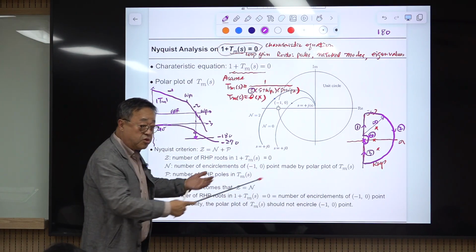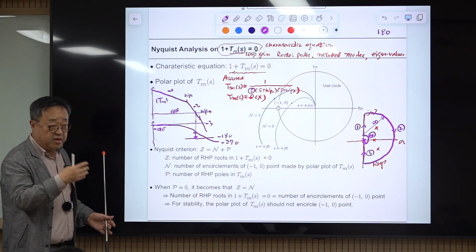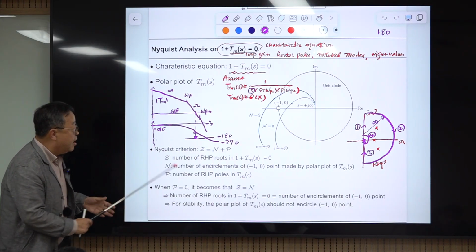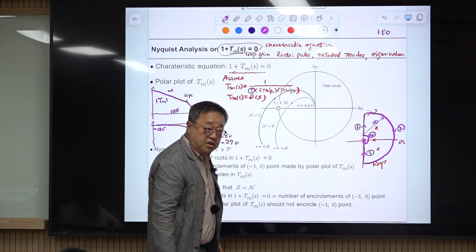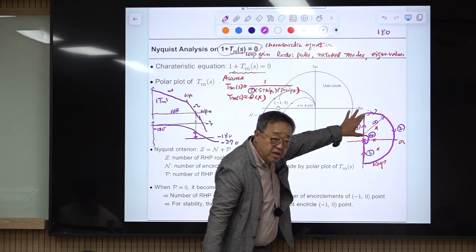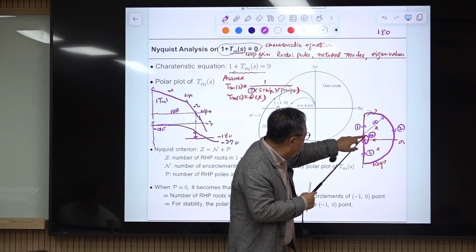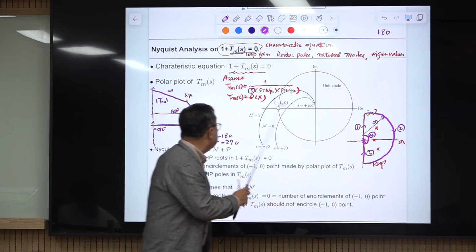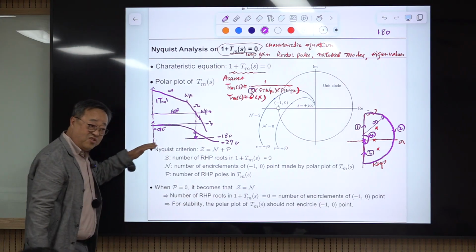That procedure is explained in the control book, and I explained it in great detail last semester. So you evaluate this. This is the j omega axis, the real frequency axis. So you start here and start walking toward this. That is the same as traveling in this direction in the frequency domain.